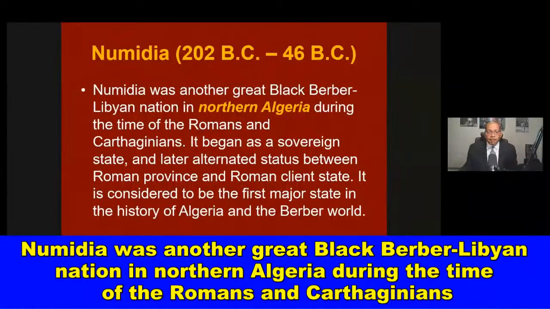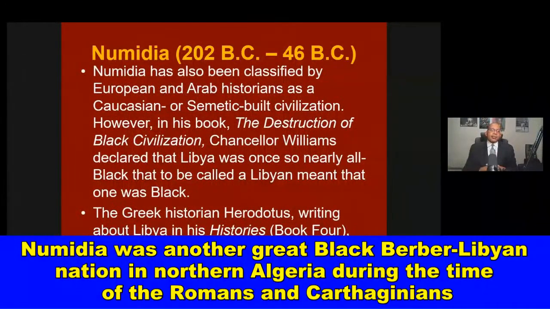Now, Numidia has also been classified by European and Arab historians as a Caucasian or Semitic built civilization. However, in his book, The Destruction of Black Civilization, Dr. Chancellor Williams declared that Libya was once so nearly all black that to be called a Libyan meant that one was black.